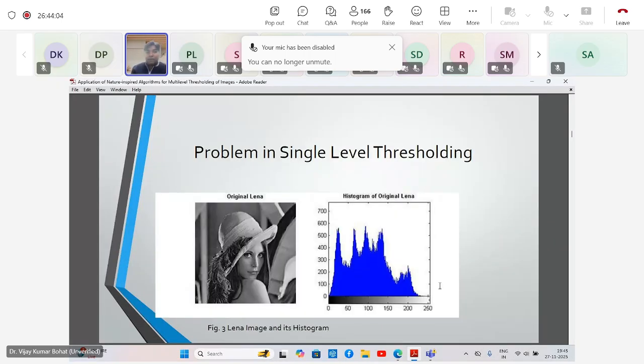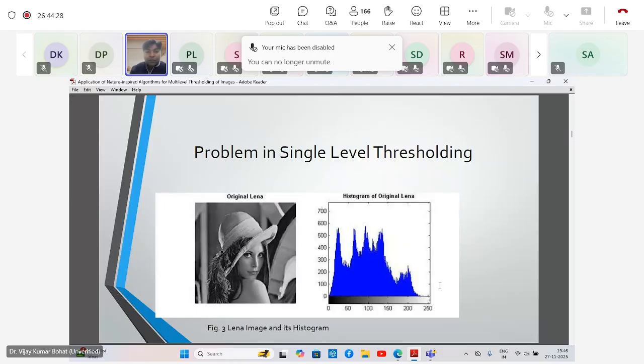But look at this example. It's a very famous image, the Lena image, in the field of image processing. The histogram of the Lena image is available over there. Particularly for this image, it's not easy to determine a single level threshold which can generate more knowledge or enhance the accuracy of any computerized procedure for any sort of task.